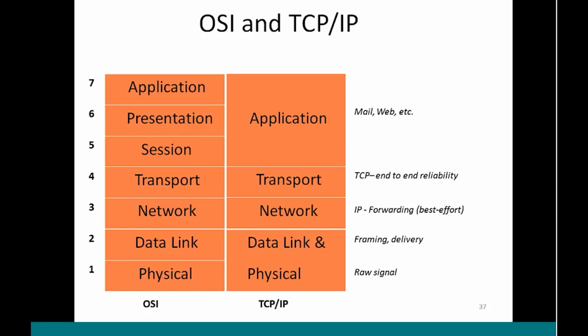A way of looking at OSI is from the bottom to the top, which is the normal way people teach it, because it's easier to understand that way. You talk about how the bits are transmitted with voltages. Then the data link layer forms the framing of the data. Then the network layer has IP forwarding built in.